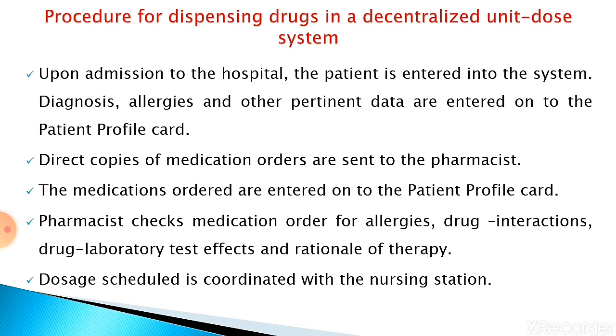The physician writes the prescription and these original copies are sent to the pharmacist directly. The medication orders are entered onto the patient profile card. Then the pharmacist checks the medication order for allergies, drug interactions, drug laboratory test effects and rationale of therapy. Then the dosage schedule is coordinated with the nursing station by the pharmacist.